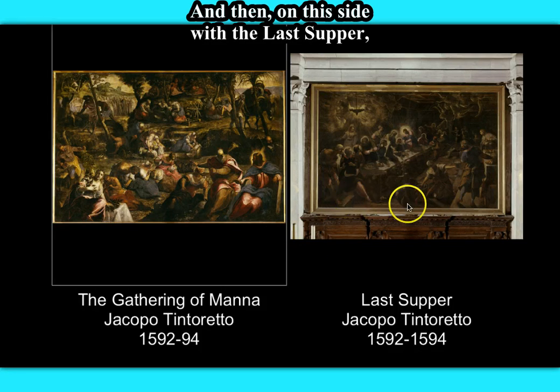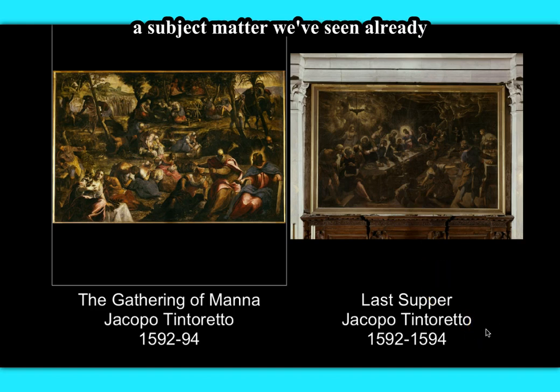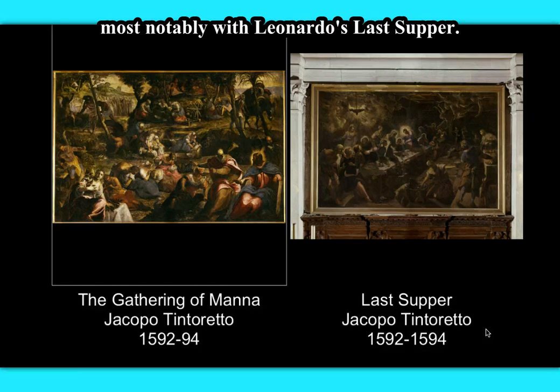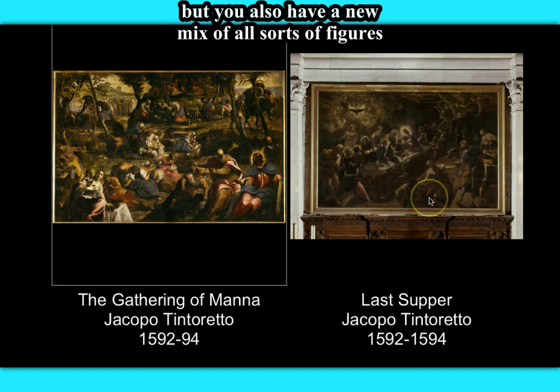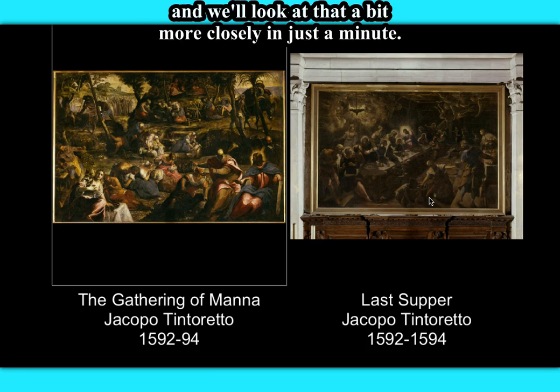And then on this side with the Last Supper, obviously what we have here is a subject matter we've seen already a few times in this class, most notably with Leonardo's Last Supper. You have Christ at the table with the apostles, but you also have a new mix of all sorts of figures included in here, and we'll look at that more closely in just a minute.